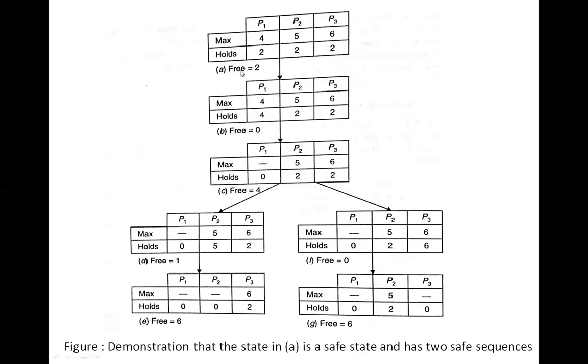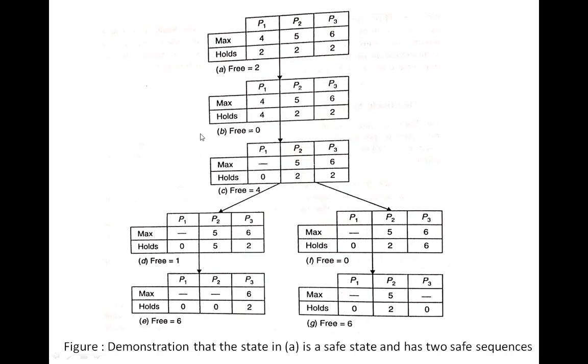Out of these 2 free units, the analysis is done: if these 2 units are allocated to P1, which is its maximum requirement, then P1 can complete its job. So the system does the analysis and allocates 2 to P1.